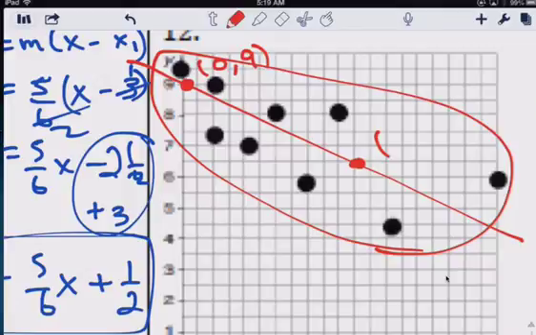No, I don't want both of them to be decimal. Let's even this. No, it's not a good one either. This one here, 6 and 6.5.